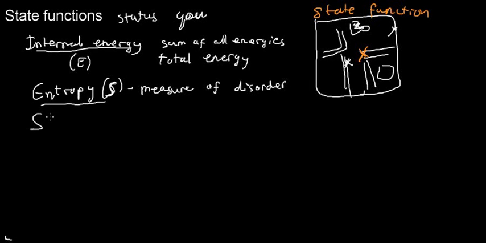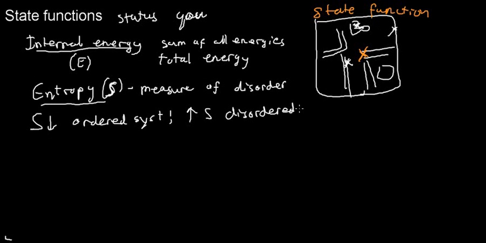So when I have a small S, I have an ordered system. When I have a big S, I have a disordered system. It doesn't tell me what my initial disorder was. It just tells me the disorder of my system right now. And this is why it is a state function.